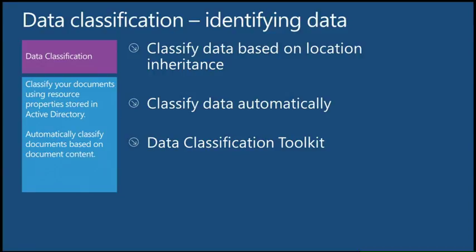If you tell your users, please go classify all the files that you created in the last 10 years, they'll tell you, okay, so when do I start my real job again? Six months from now? It's just not realistic. So we need to be able to deal with both manual and automatic classification, by such things as what kind of file is it, and what's in this file. And we'll talk a little bit about the Data Classification Toolkit and how it all relates to this.